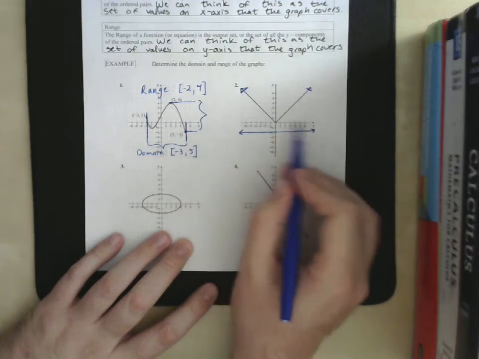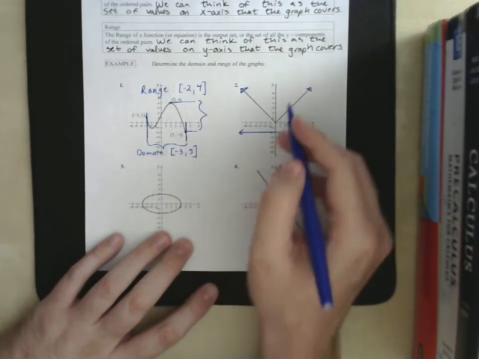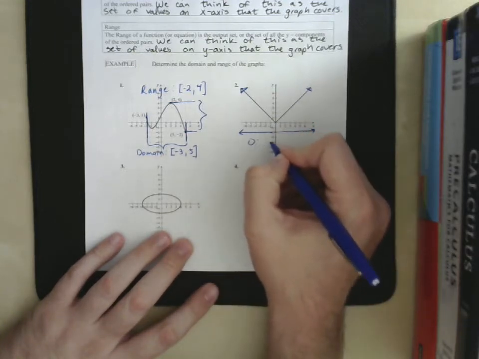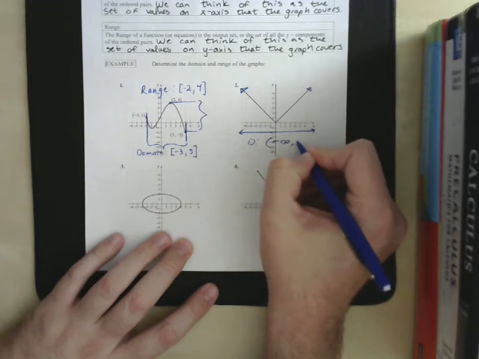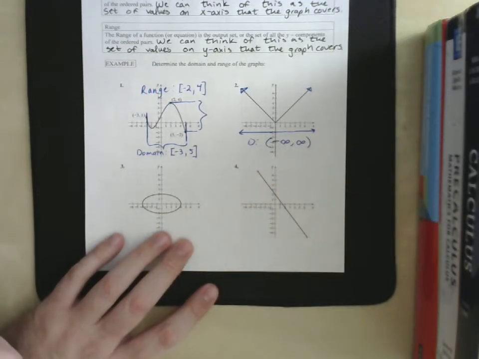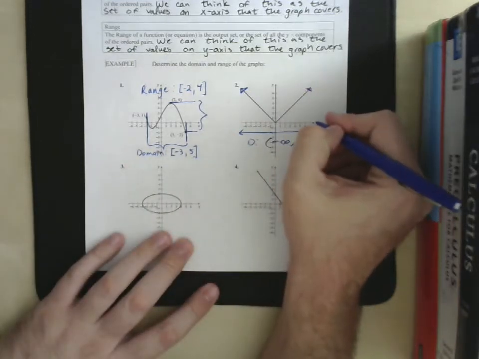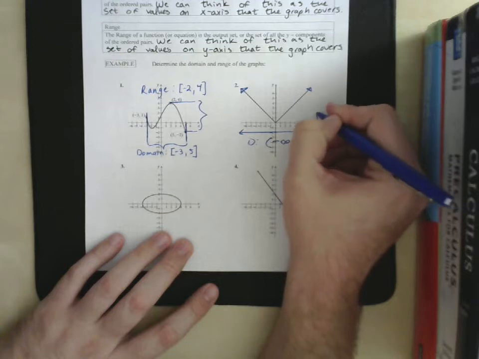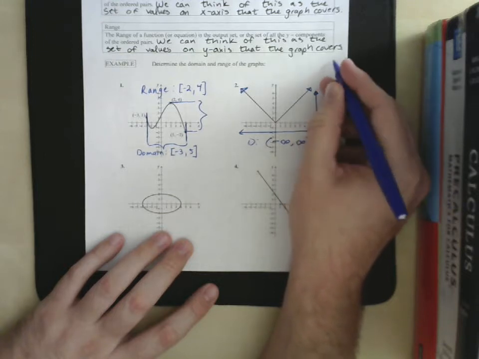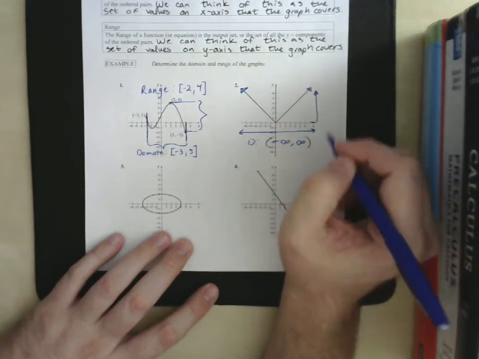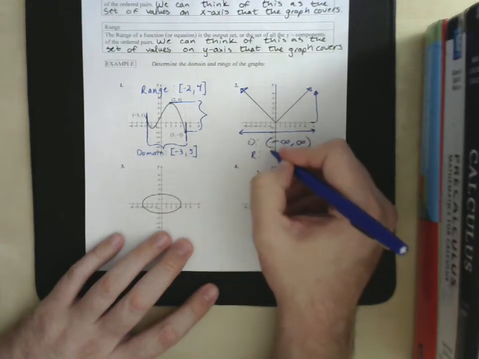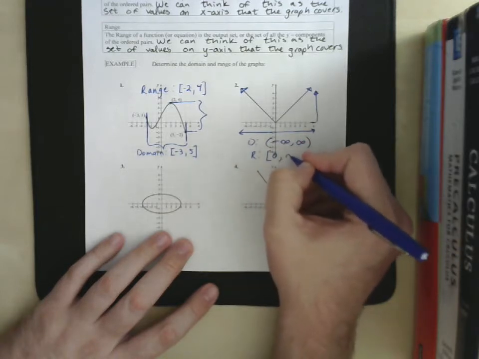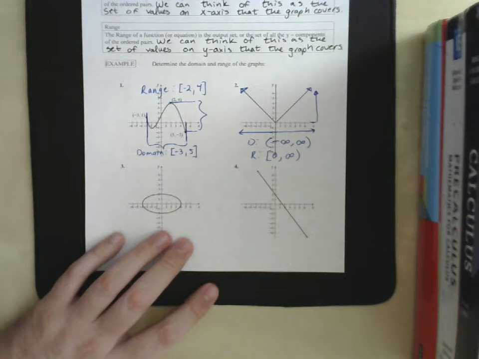Well, that means we get all the x values, all the real numbers, and we know that all real numbers is -infinity to infinity, and infinities always need parentheses in interval notation. Now the range starts at 0, but then it keeps going up forever and ever, slowly but surely. And so our range starts at 0 and then goes up to infinity with a parenthesis.